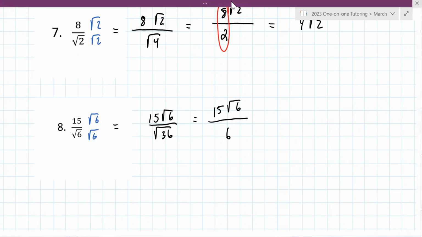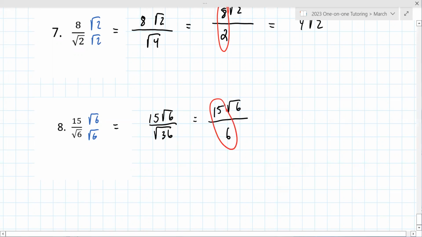Now in all the previous problems, this has worked out nicely, like we got 6. But you can still reduce 15 divided by 6. They're both divisible by 3. So you can divide both the top and the bottom by 3. It becomes 5 square root 6 over 2, like that.